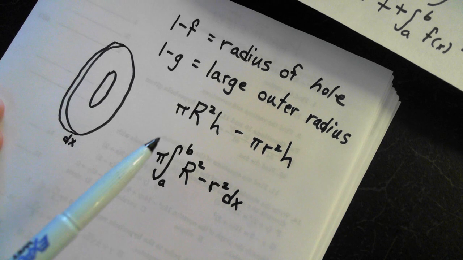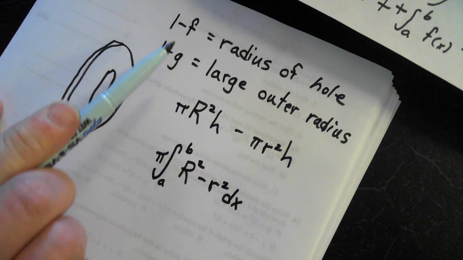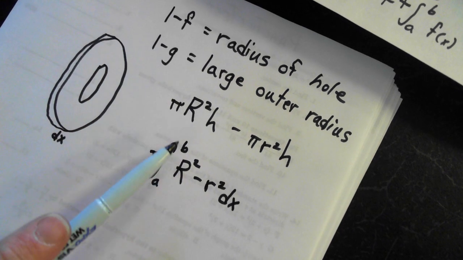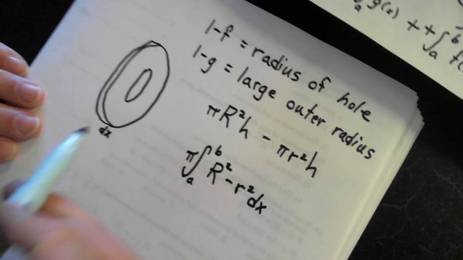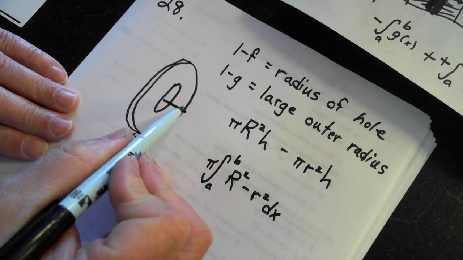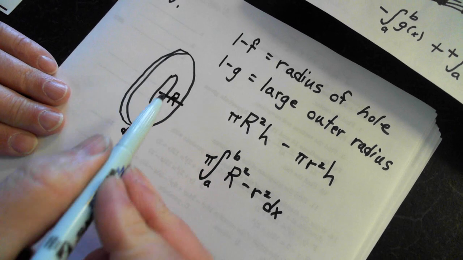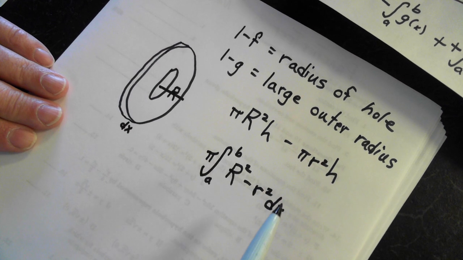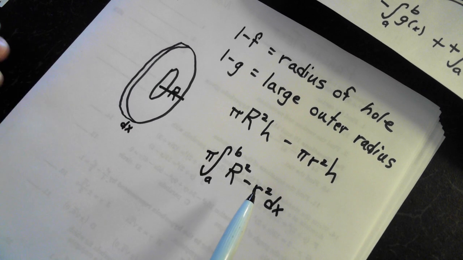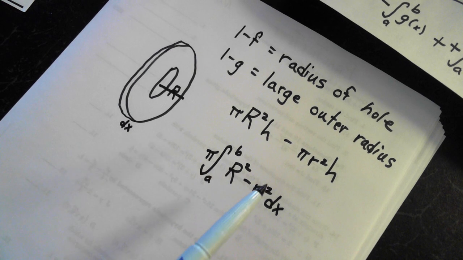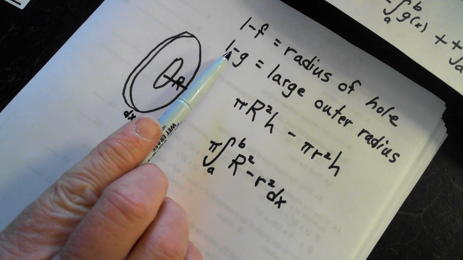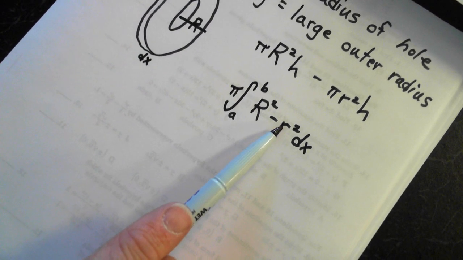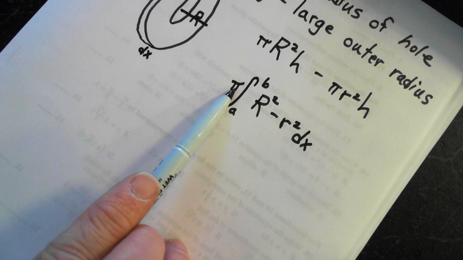Can you see that if we put the 1 minus f in the place of the little r for the hole, and the 1 minus g in place of the big R for the outer radius, I use R for outer radius, not to be confused with the R they used for that shaded area, then the answer looks to me like it's going to be the 1 minus g squared there, the 1 minus f squared there, the pi on the outside.